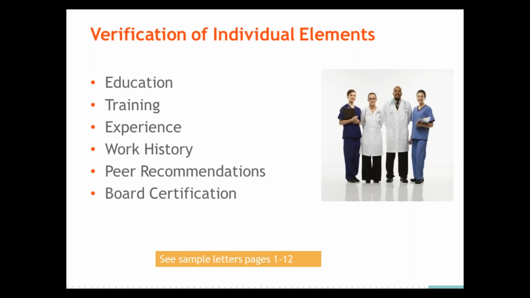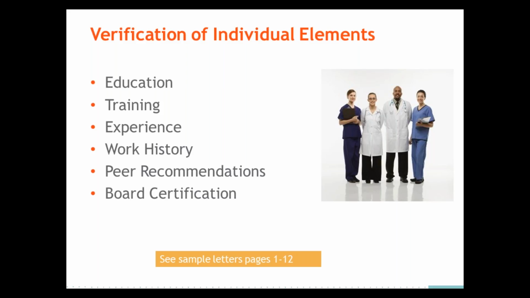When you're looking at individual elements, we talked earlier about education, training, and experience. Work history is another thing that many people will evaluate: where they went, what hospitals they went to, whether they were on staff at ambulatory care facilities, and verifying that work history. It's up to the organization or your medical staff to determine how far back you want to go.